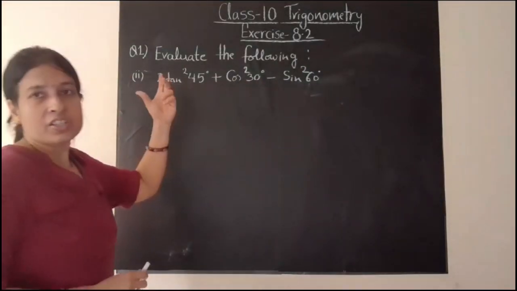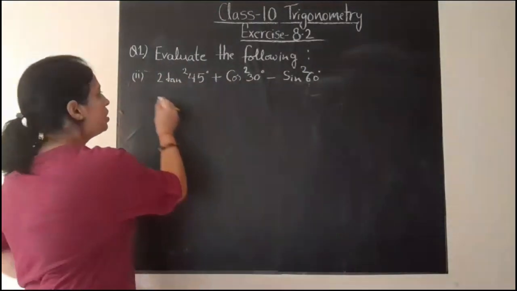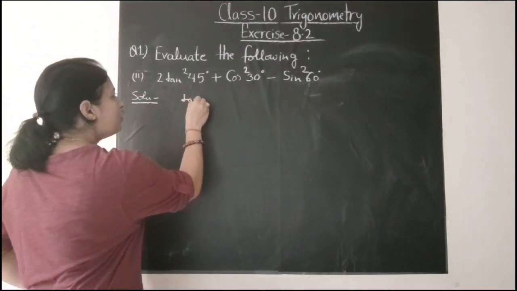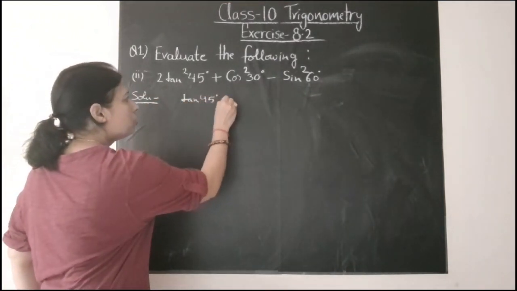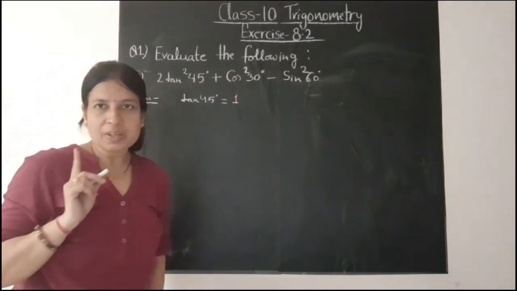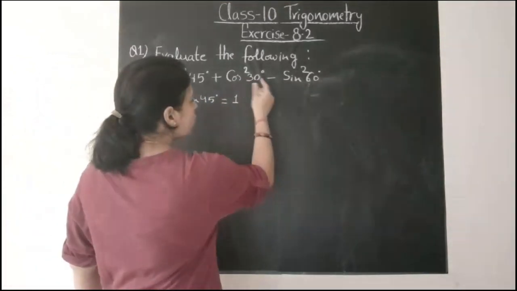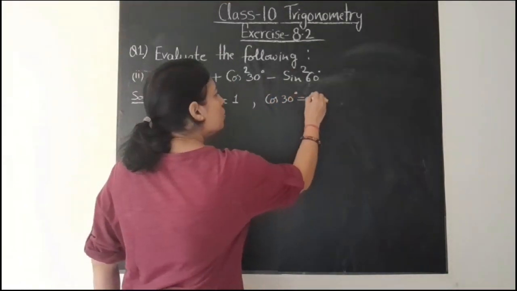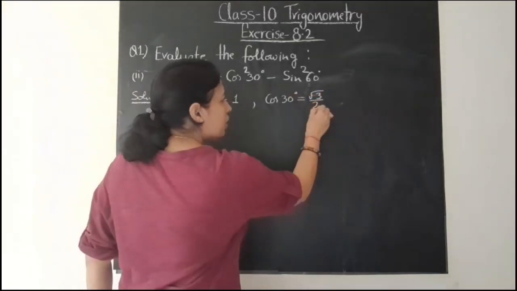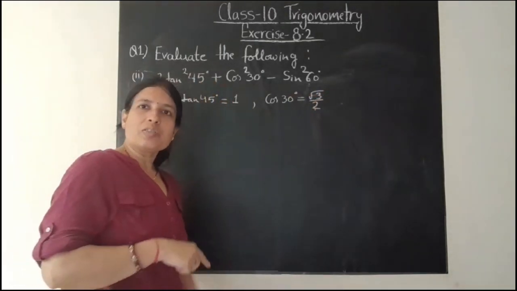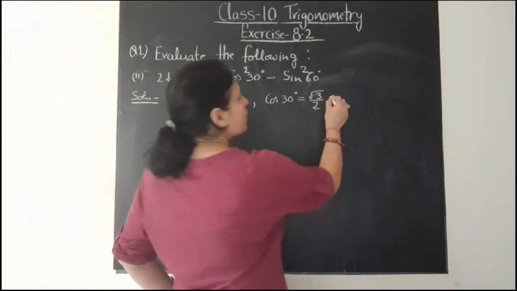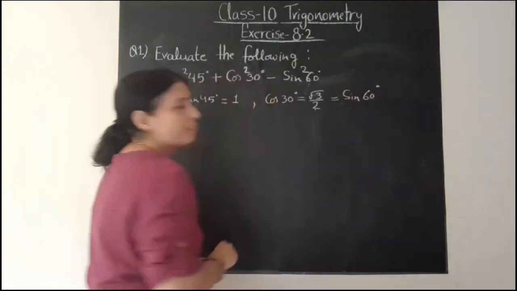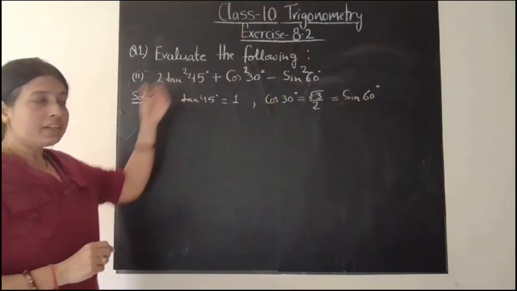So first we write the value of tan 45 degree. We know that tan 45 is equal to 1. Then cos 30 degree is equal to root 3 by 2, and sin 60 degree is the same as cos 30. So put this value here.